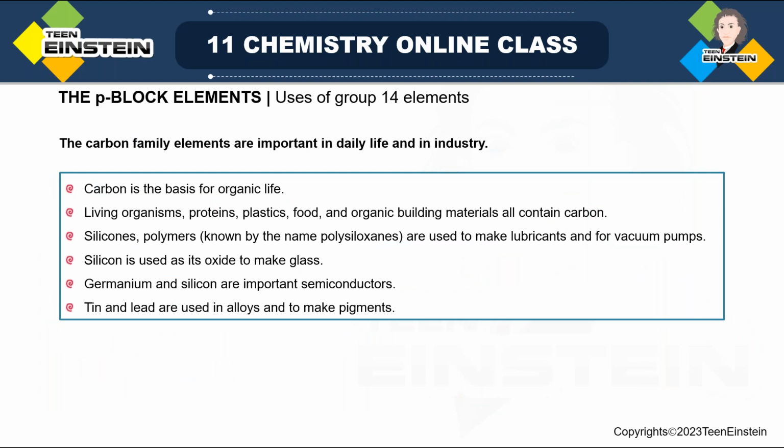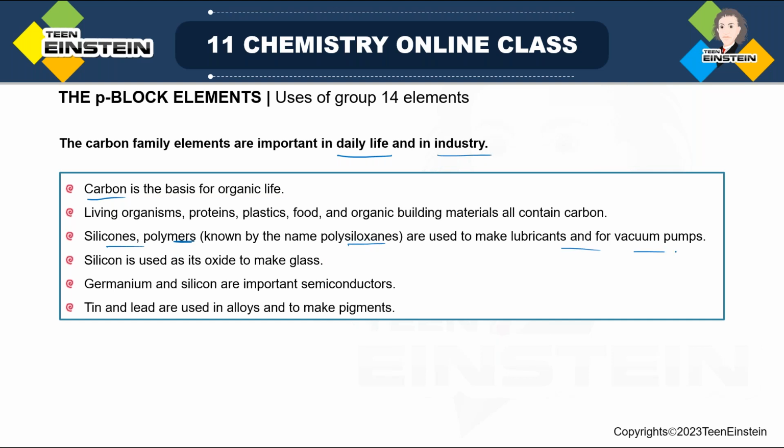In uses of group 14 elements, there is nothing too much to discuss. They are important in daily life and industry. Carbon, how important it is for organic life, we all know. In day-to-day life we use so many carbon-based compounds, and inside our body there are so many carbon-based, that is organic, compounds. Then silicon polymers are known by the name polysiloxane.